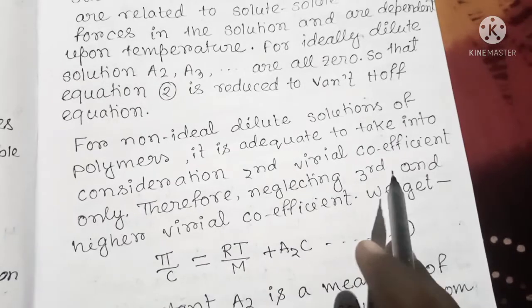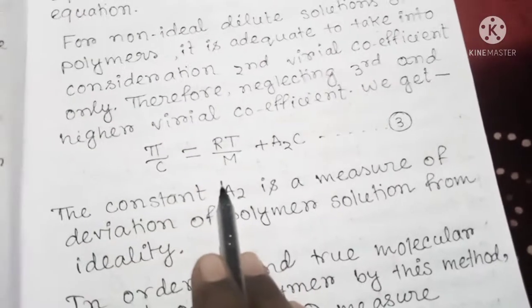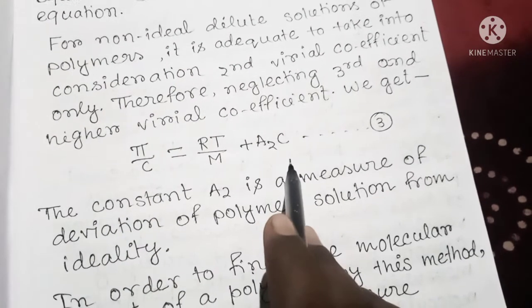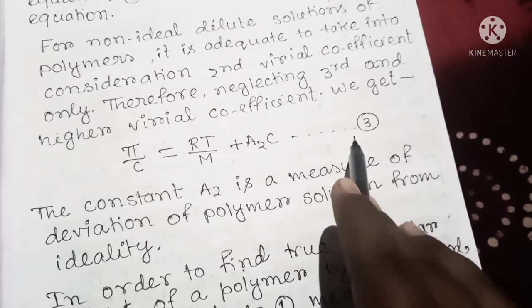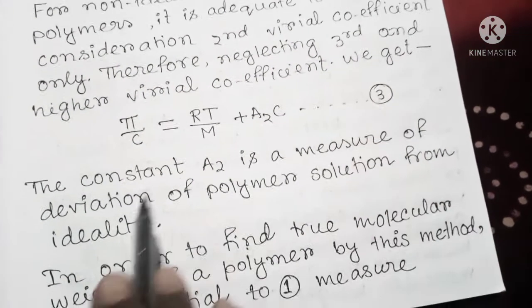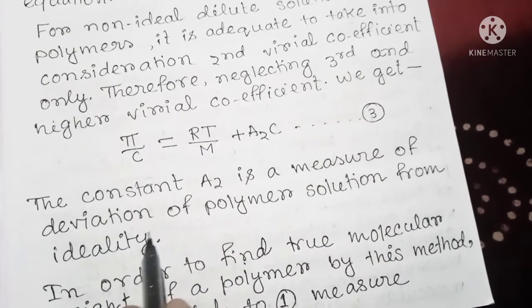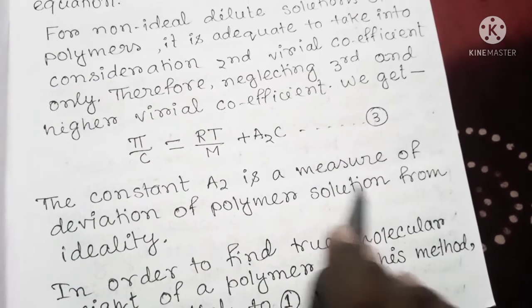Therefore, neglecting third and higher virial coefficients, we get pi by C equal to RT by M plus A2 into C, and we take this as equation 3. The constant A2 is a measure of deviation of polymer solution from ideality.